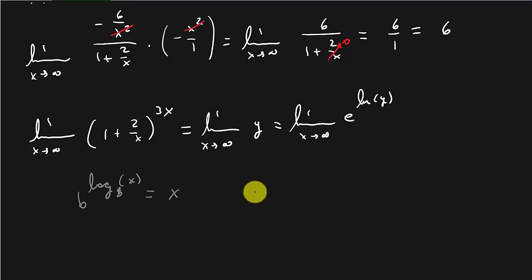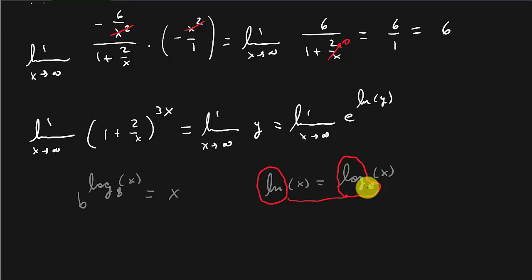The other thing you've got to remember is that the natural log of x is equal to the log of x with base e. This ln, this natural log, is just an abbreviation for log base e.